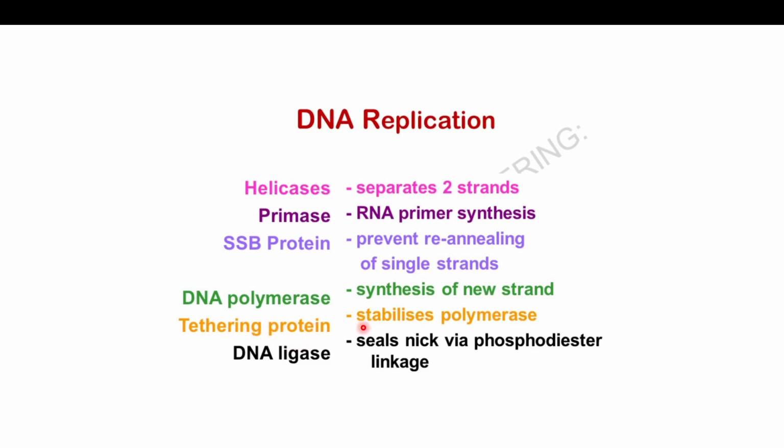Then there's a tethering protein, which stabilizes the polymerase, right? Polymerase has to be held in place also. And then there's a joining enzyme, which is DNA ligase, which helps in joining the two ends via phosphodiester linkage.